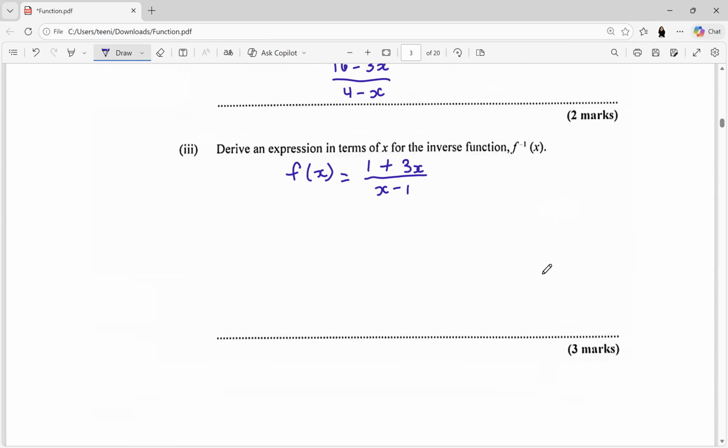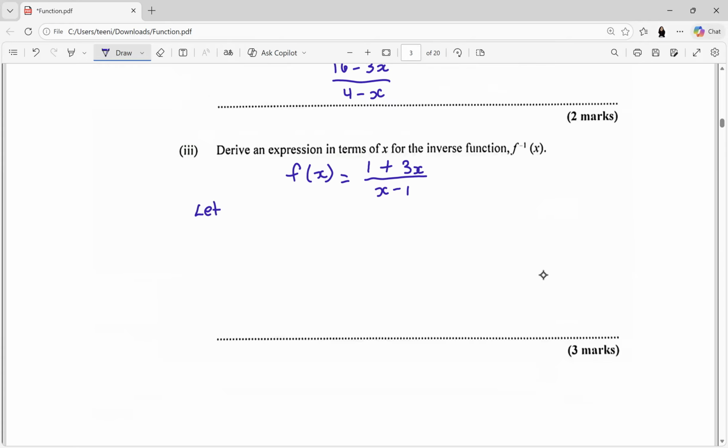So the first step in finding the inverse of the function, you let f of x equal y. So y is equal to 1 plus 3x over x minus 1. Now you interchange x and y. Wherever you have y, you would replace it with x, and wherever you have x, you would replace it with y.